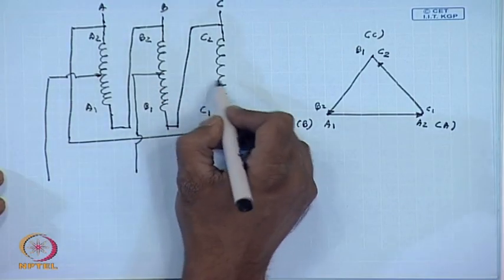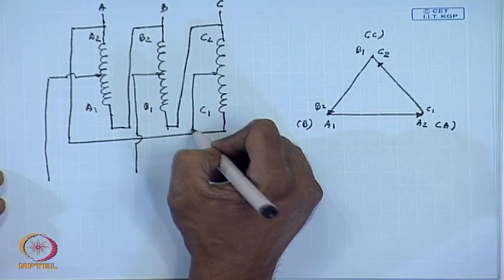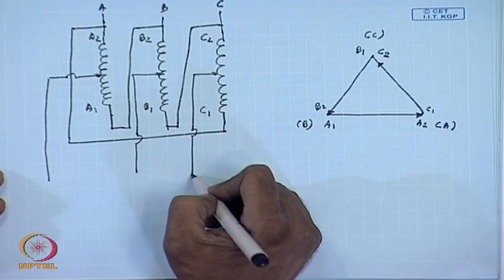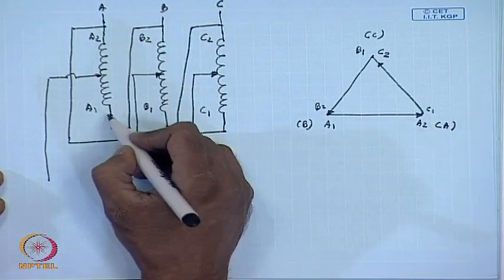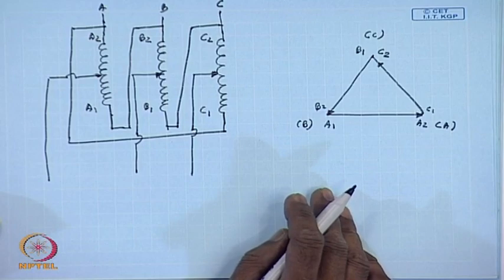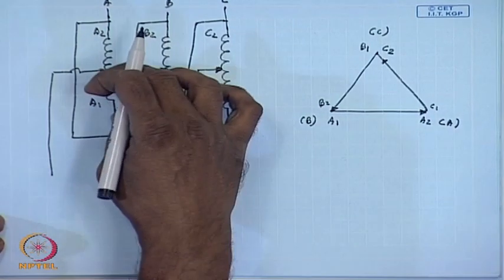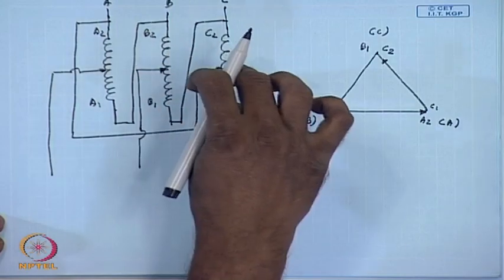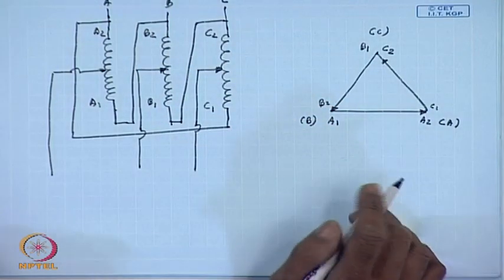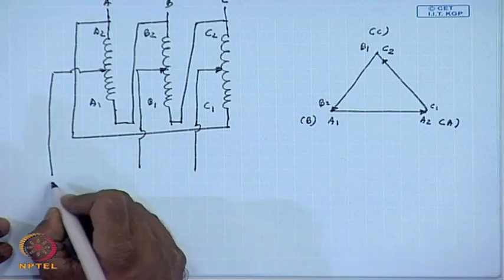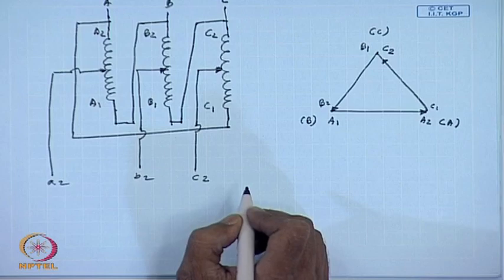Normally, when I have a 3-phase auto transformer, they are taken from the same percentage tapping of each winding. That is, the voltage in this part, this part, this part are all same in magnitude. Now, let us call this A2, B2, C2.